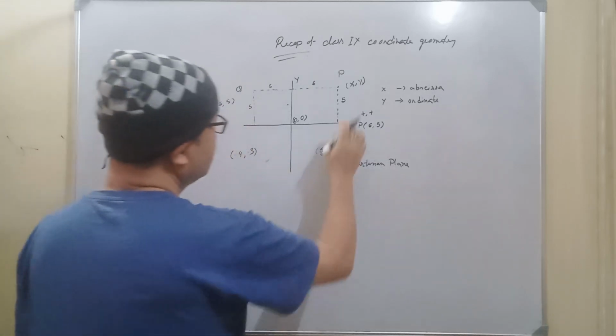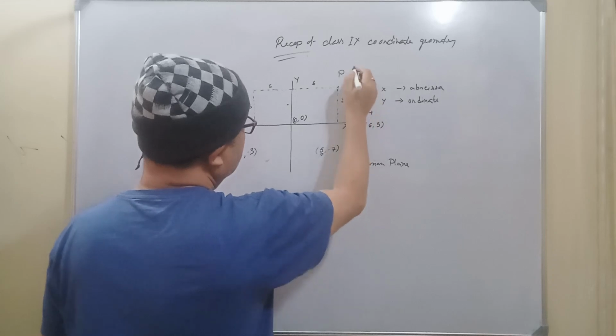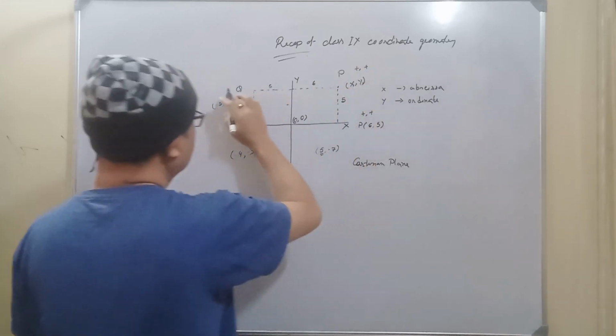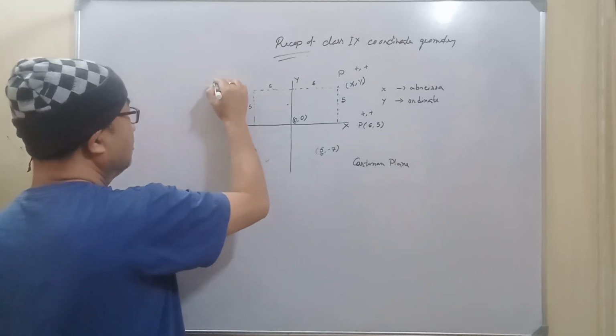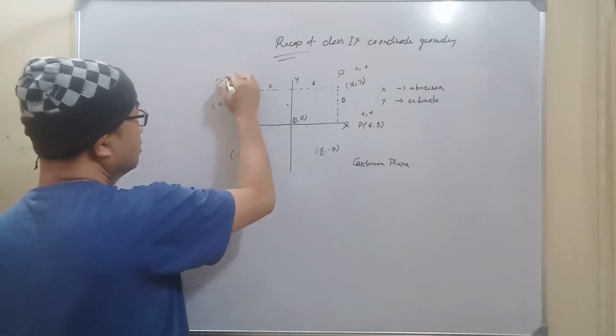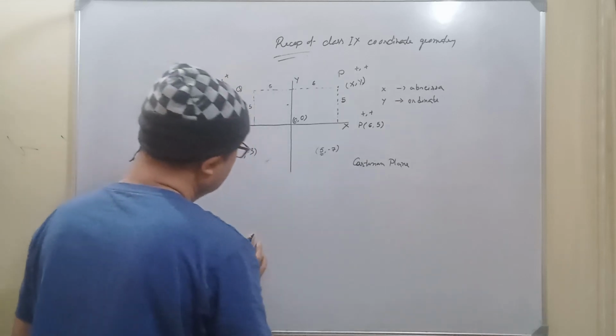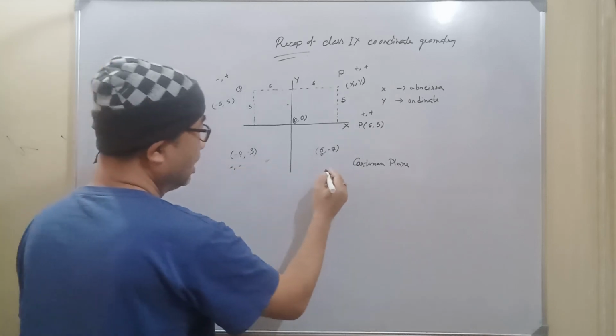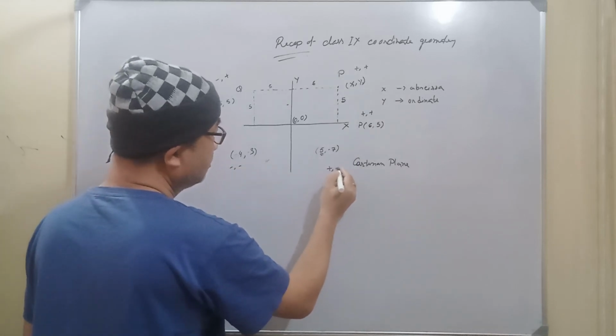So on the first quadrant we have both x and y positive. On the second quadrant we have first coordinate negative, second coordinate positive. On the third we have negative negative, and on the fourth we have positive negative.